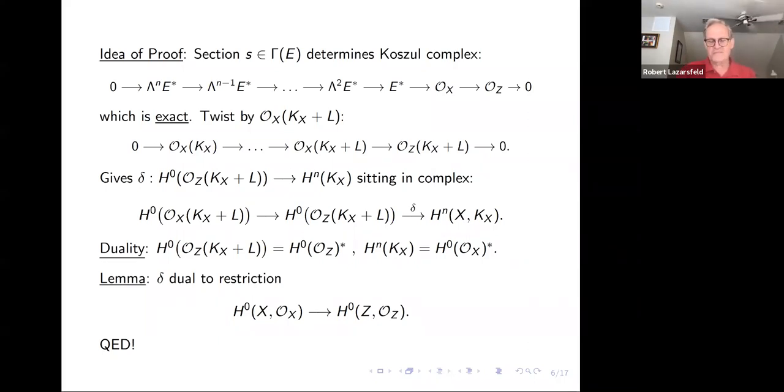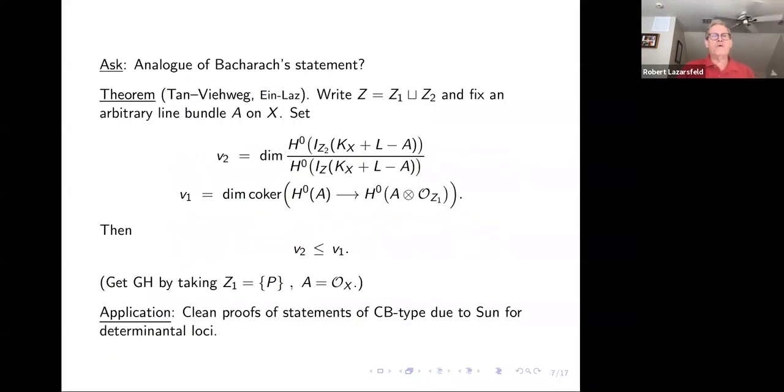Okay, good. Now, what about Bacharach's statement? This is actually less well known. So remember, in Bacharach's statement in the classical case, we wrote Z as a union of 2 disjoint sets, and then we looked at how one of them imposed conditions on some line bundle, and then we looked at what happens to the other one.